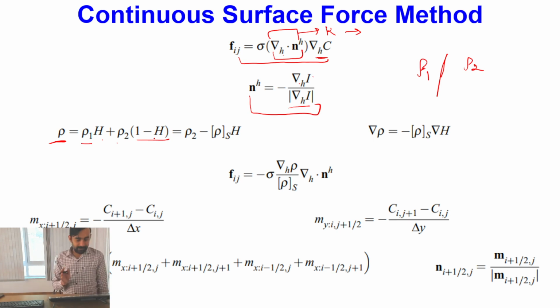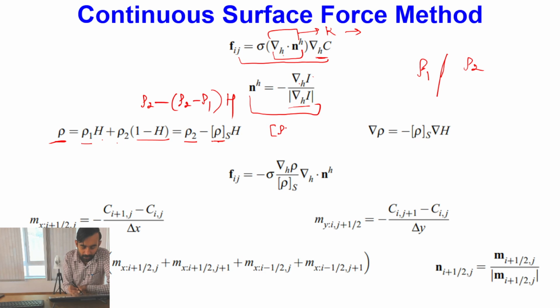If I take rho 2 common, I can write this equation as rho 2 minus of rho 2 minus rho 1 into h. And this rho 2 minus rho 1 I am writing as rho s, where s is referring to the difference between phase 2 and phase 1.